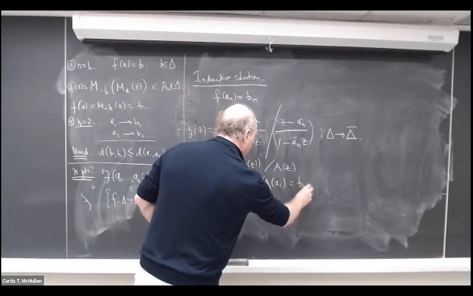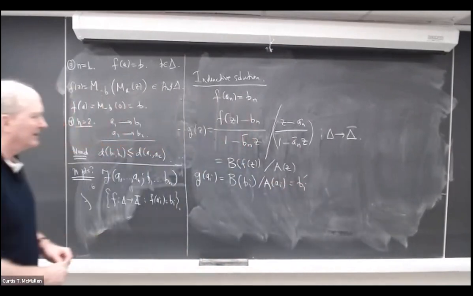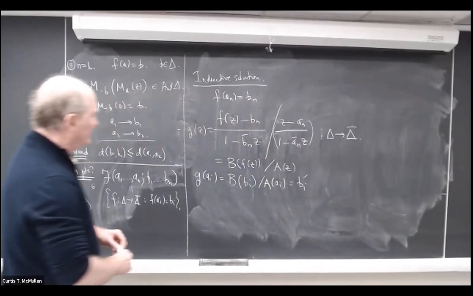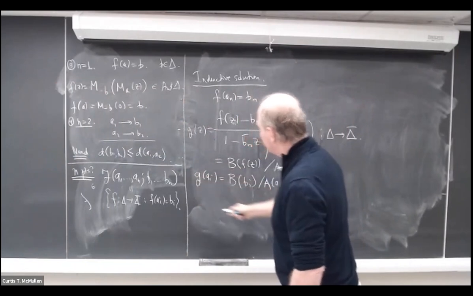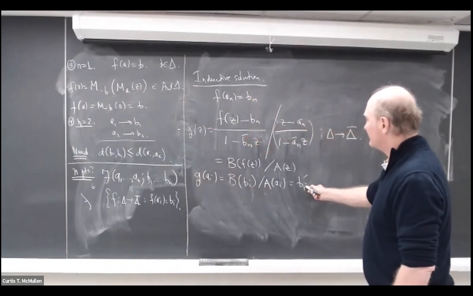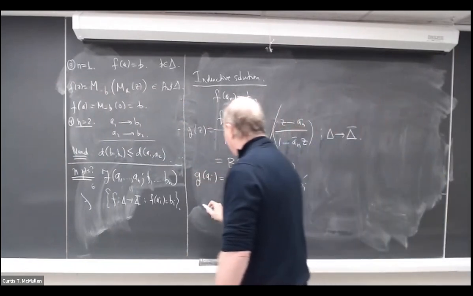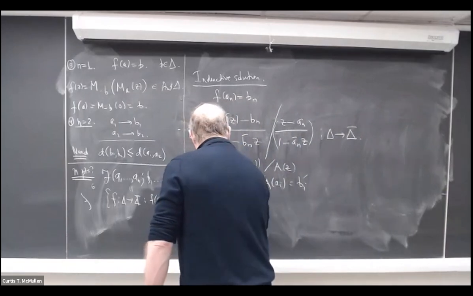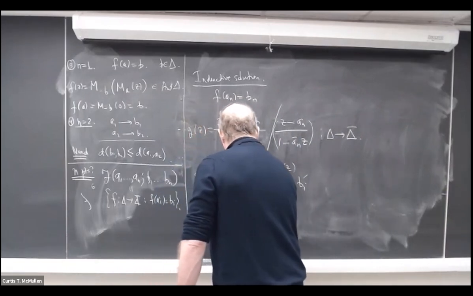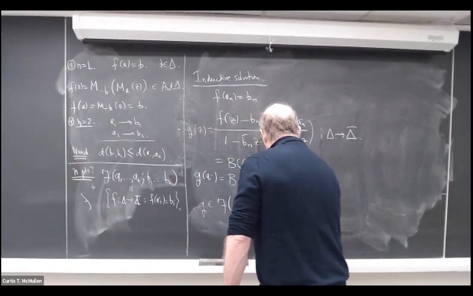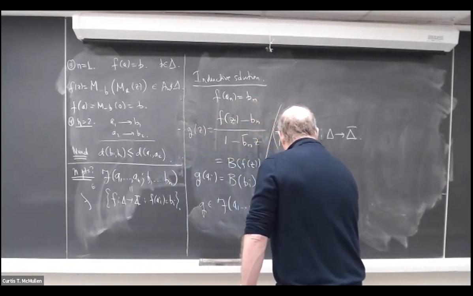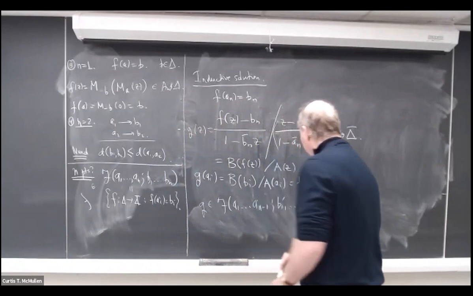So call that bi prime. And what we find is that starting with a solution to the original interpolation problem, we get a solution to the new interpolation problem with the b's changed and one of the ai's dropped. So we get a g in the set with a1 up to an minus 1, b1 prime up to bn minus 1 prime.